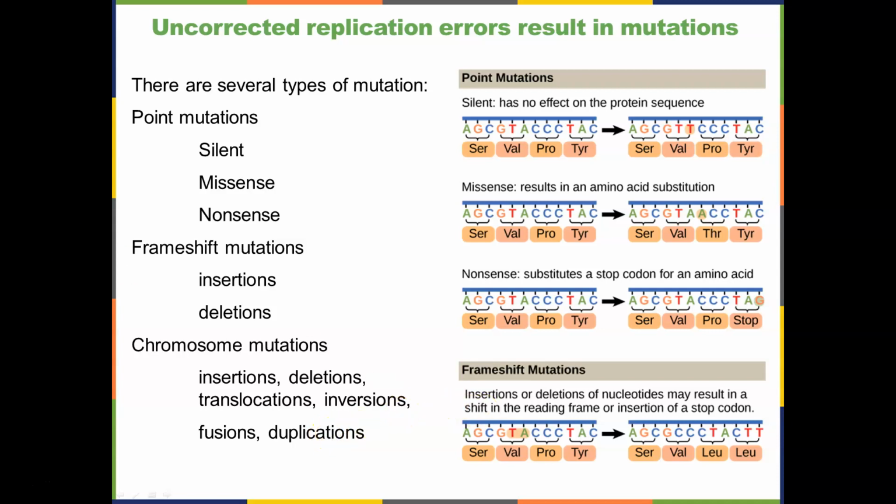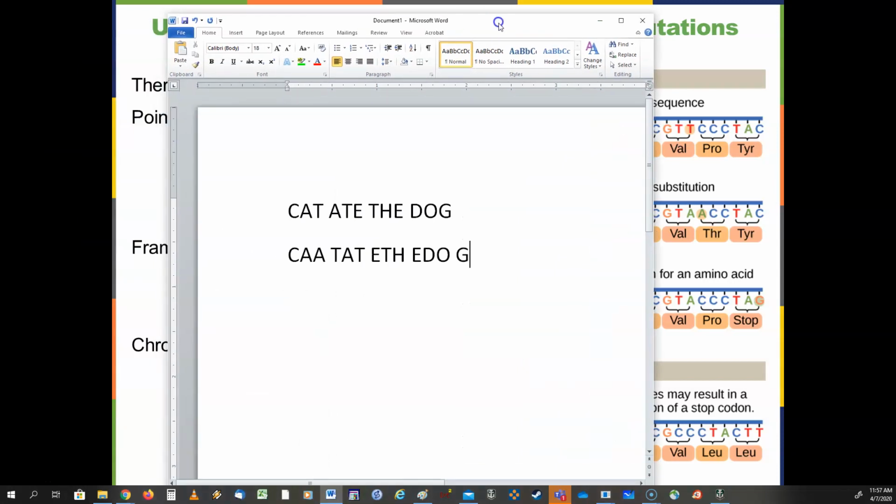Here's an example. It's kind of silly, but it illustrates the point. So here we've got a series of codons that have meaning. Cat ate the dog. But if we add one extra A into the sequence, we frame shift everything over, and now none of the other codons have any meaning in this context. In DNA, every three-letter codon means something.